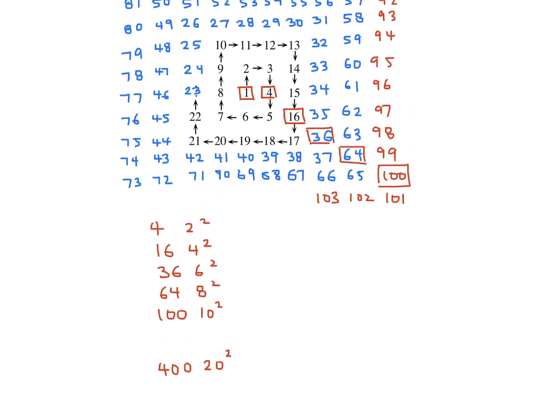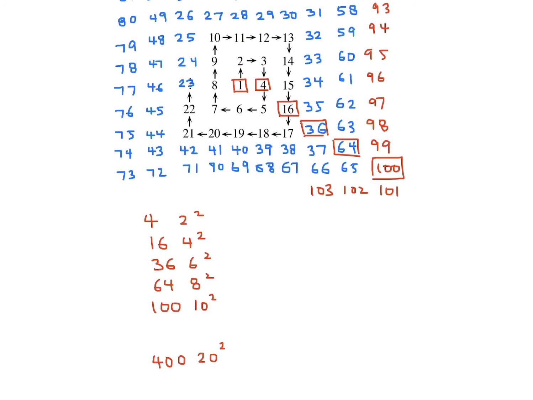Okay, so 400 would basically be in this kind of diagonal. If you had 400, it'll be like this, right? And therefore you'll have a number above it, 399, and a number below it, 401, because each of these has a number above and below. 100 has 99 and 101. 64 has 63 and 65. 36 has a number above and below, and you get the point.